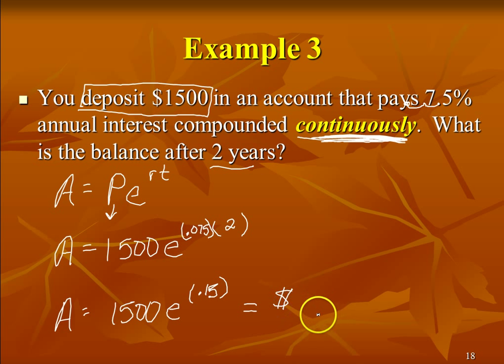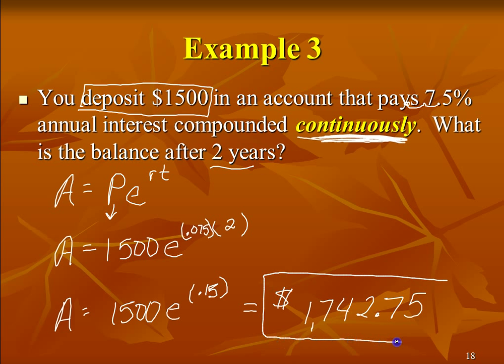After 2 years, your $1,500 times e to the power of 0.15 has become $1,742.75. So very similar to what we did yesterday, but since we have this word continuously, we got to make sure that we know we're using this P e to the RT equation.